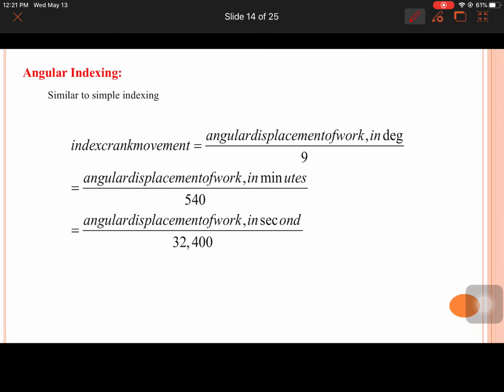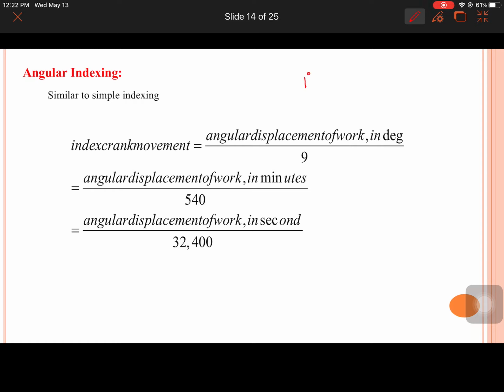I hope that these examples will give you some idea related to simple indexing. Now let us move to angular indexing. Angular indexing is very much similar to simple indexing, but the only thing is here we are measuring the angular displacement of the work part.